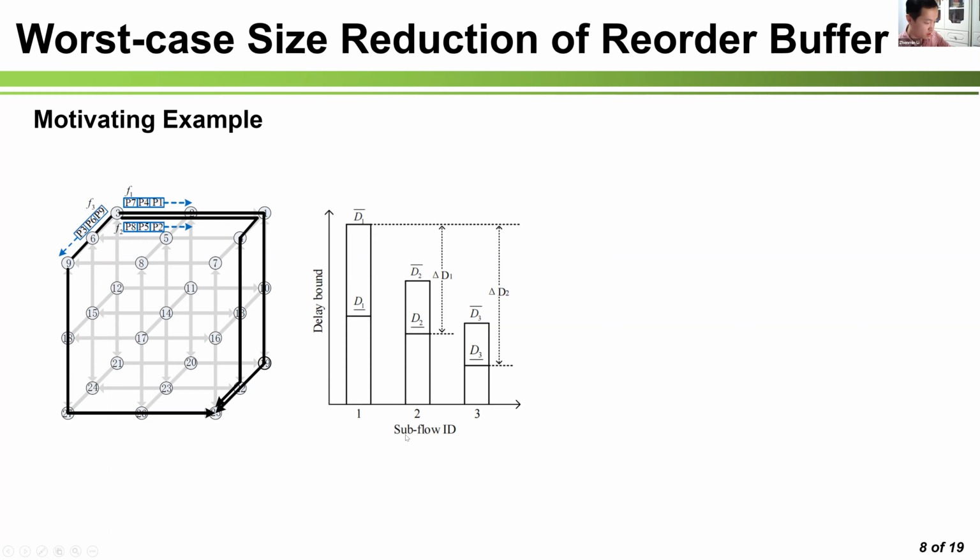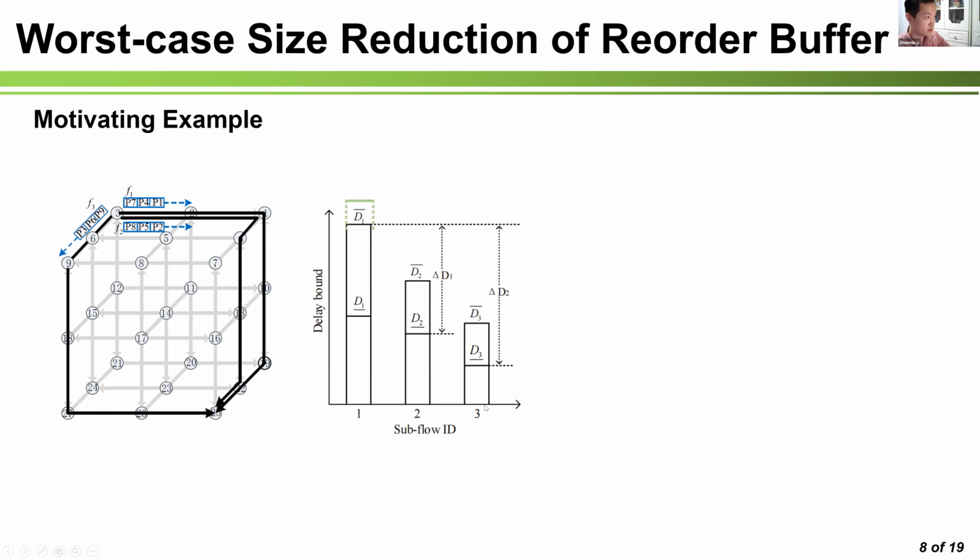We assume that the order of sending data packets is F1, F2, and F3. We further assume the delay of F1 is the highest, the delay of F2 is the second, and the delay of F3 is the lowest. Therefore, the worst case happens when F3 reaches the destination node first, F2 next, and F1 last.